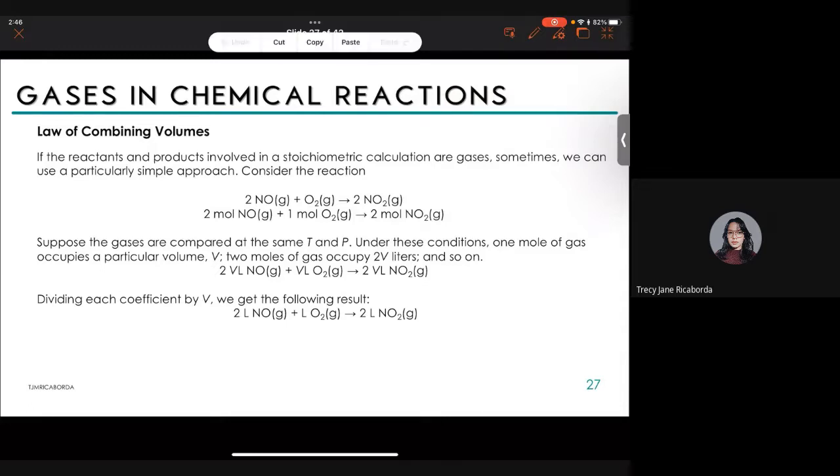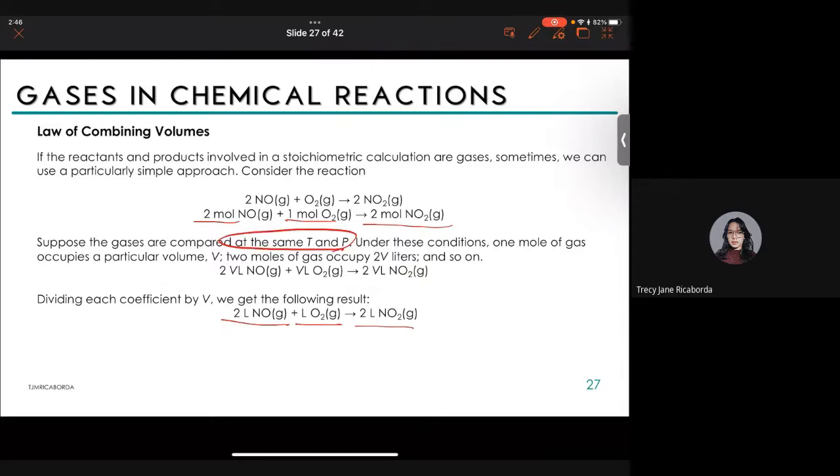Ito, di ba? 2 moles, 2 liters. 1 mole, 1 liter. 2 moles, 2 liters. Again, that's if it's compared at the same temperature and pressure, and if the reactants and the products are gases. Walang solids, walang liquids, ha?